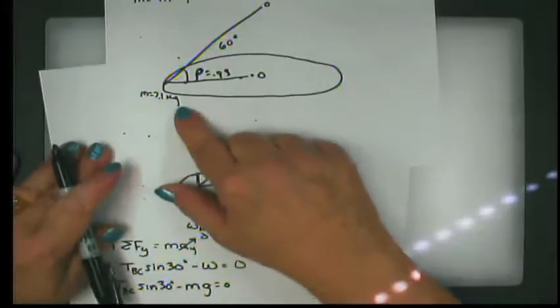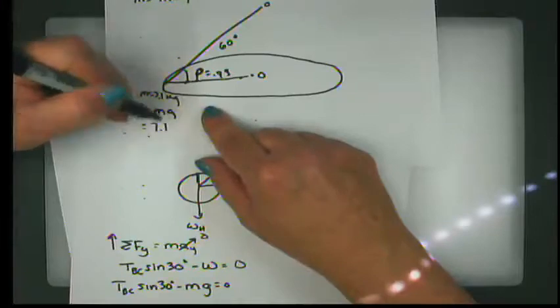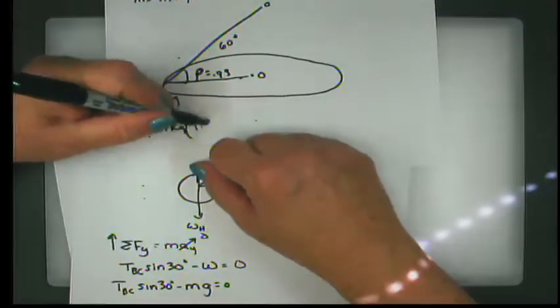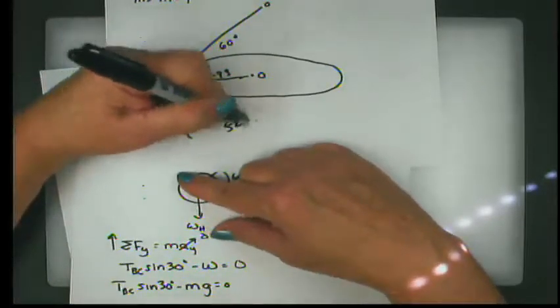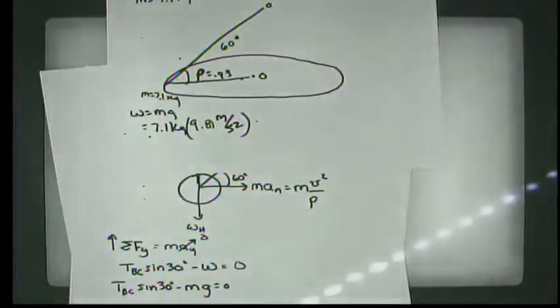So just going back here, the weight is equal to mass times gravity, which is 7.1 kilograms times, on Earth, which we're assuming he's on, 9.81 meters per second squared. So if I take 7.1 and multiply it by 9.81, what is my weight in newtons? 7.1 times 9.81, somewhere in the vicinity of 70-ish, 69.65.